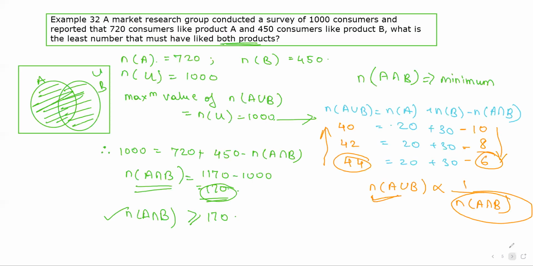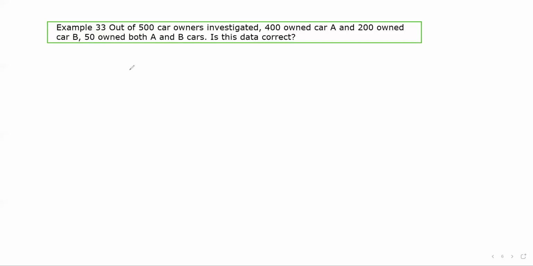It's written that out of 500, which means we are considering that all the car owners owned either of the two cars A and B. So n of A union B is given as 500, n of A is given as 400, n of B is given as 200, and n of A intersection B is equal to 50. If this is the case, then you have to check the data.